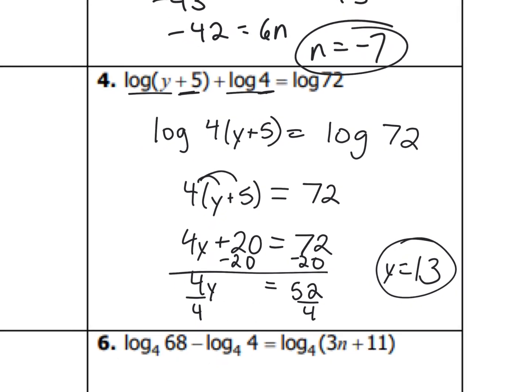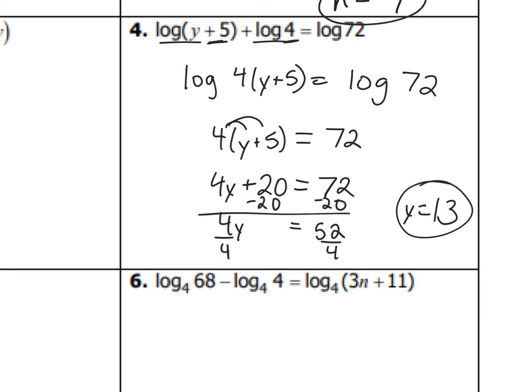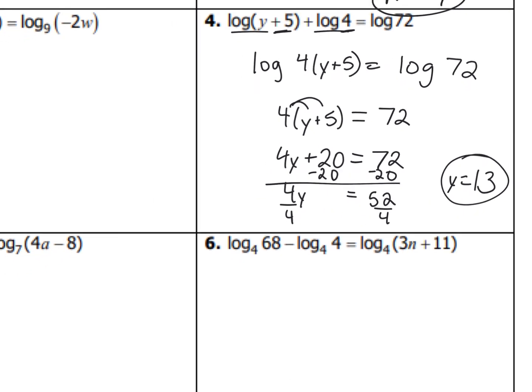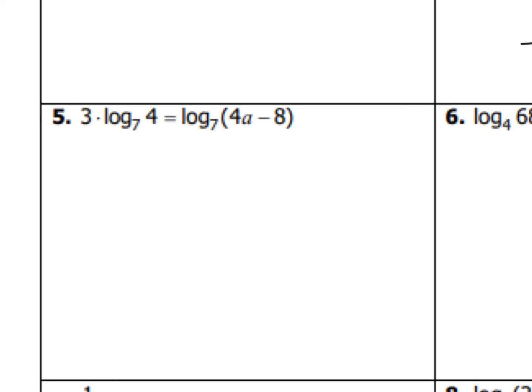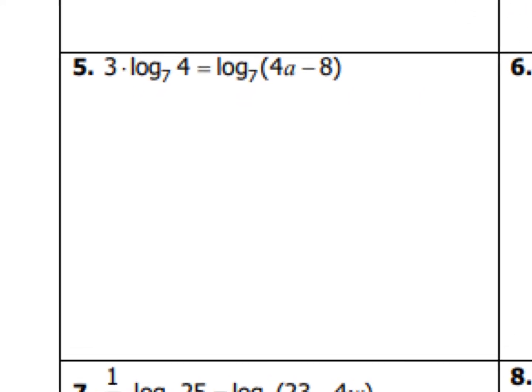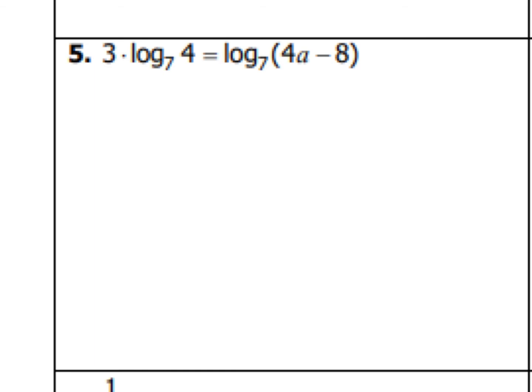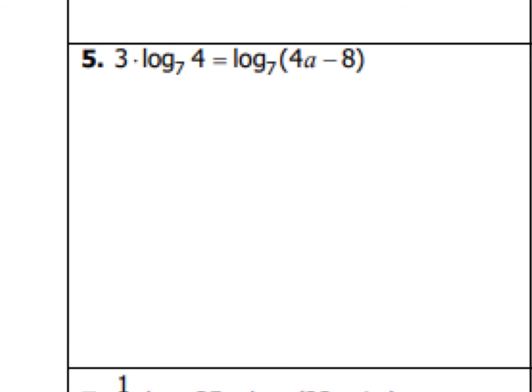Okay. Basically, this whole day is just going to be reviewing those condensing properties on each side and then solving. So it's just going to keep getting gradually a little harder, but we've already seen these. So really, this isn't a whole lot of new stuff today. Okay?